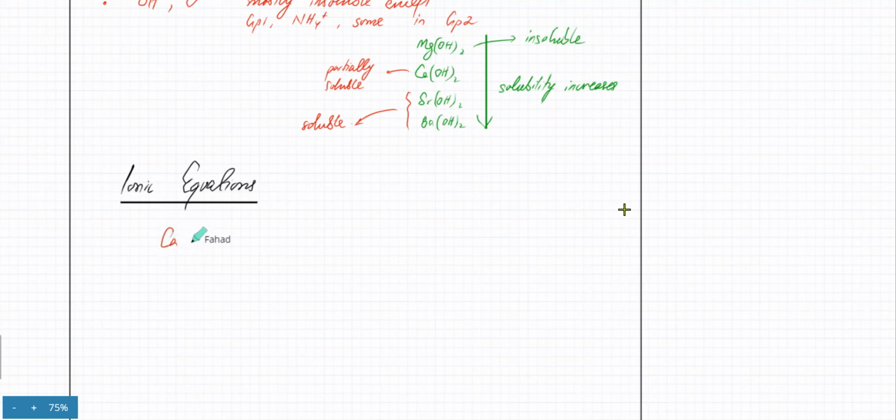Calcium carbonate, let's pick a carbonate plus acid equation. I have hydrochloric acid. The salt produced has calcium in place of H. Calcium is 2+, Cl is 1-, so it's CaCl2, plus H2O and carbon dioxide. So how do you write the ionic equation? Step one is to write down the states.